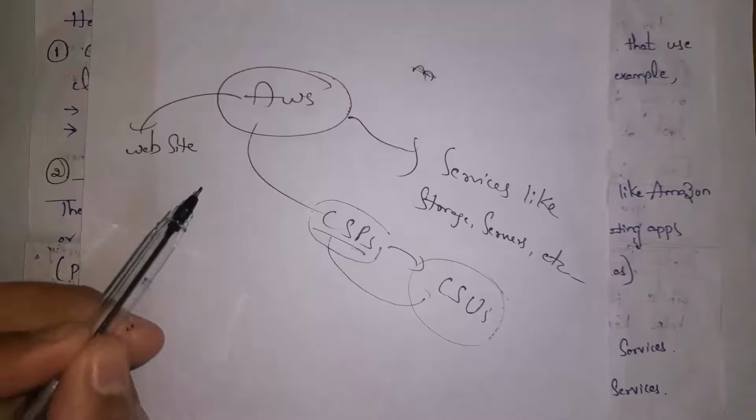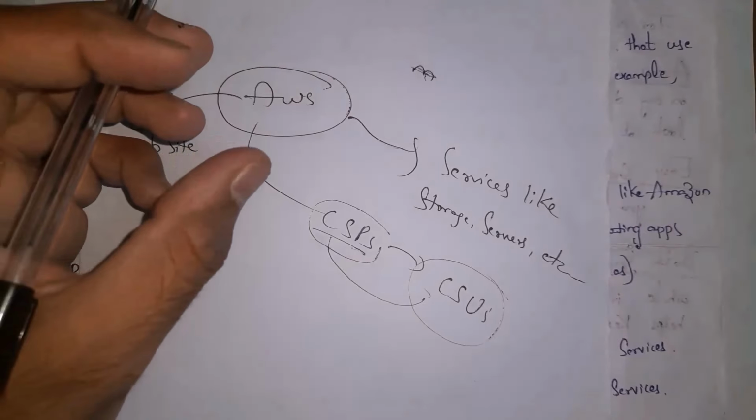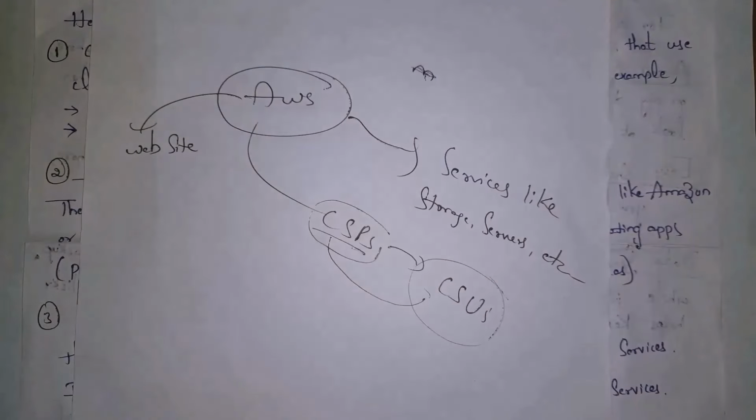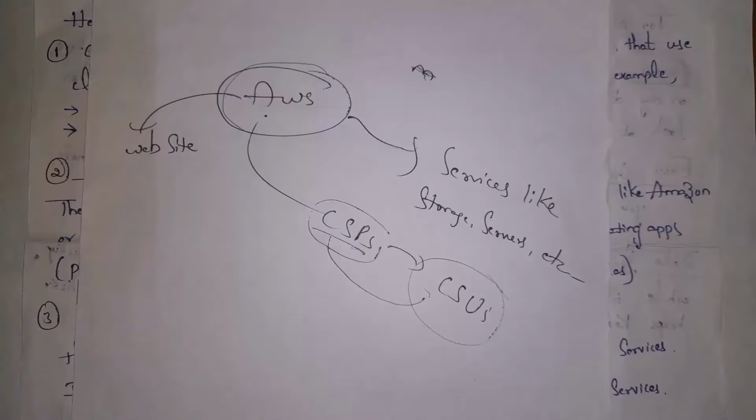So the AWS company is a cloud service provider. Not only AWS, Google and Microsoft Azure, all these companies provide services to users, so we call them cloud service providers.